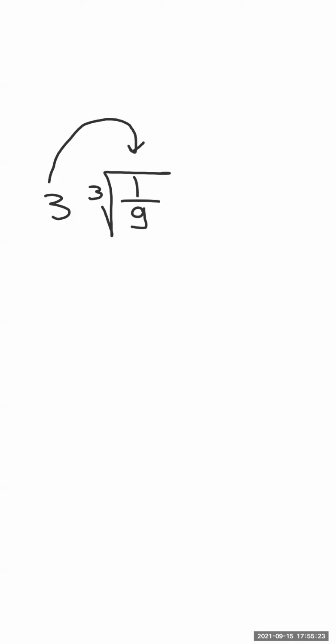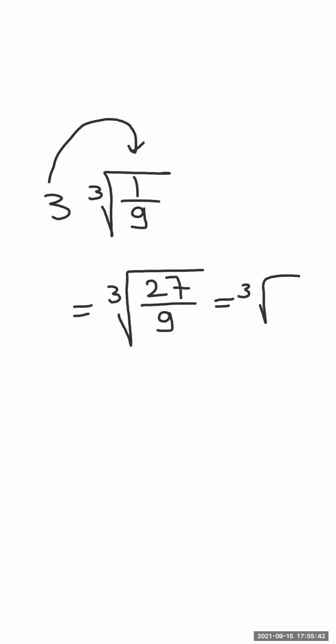So 3, if we place it inside the cubic root, it will be 3 to the power 3, which means inside the cubic root it will equal 27. So this means it will equal the cubic root of 27/9, which means cubic root of 3. Right?